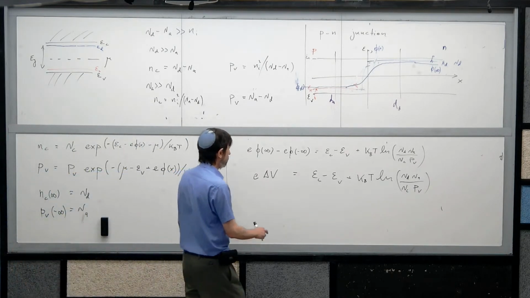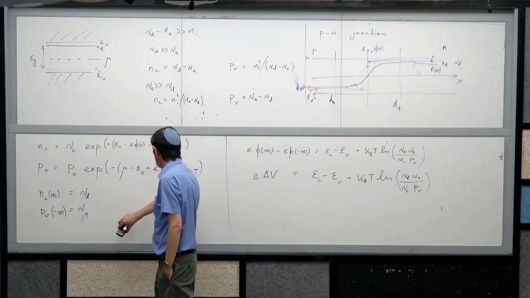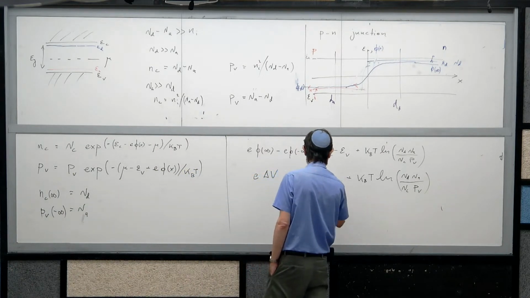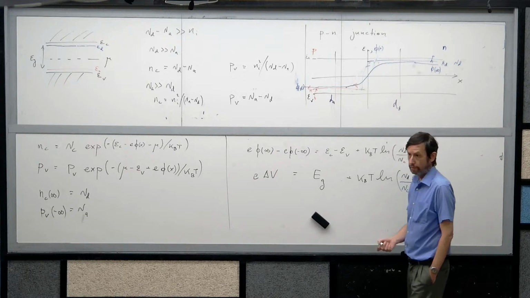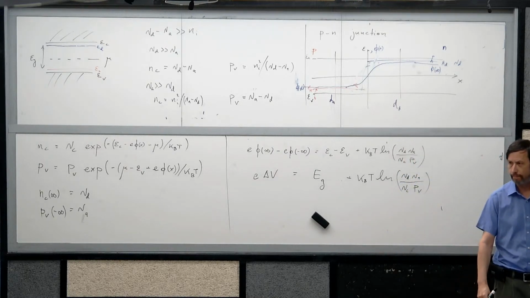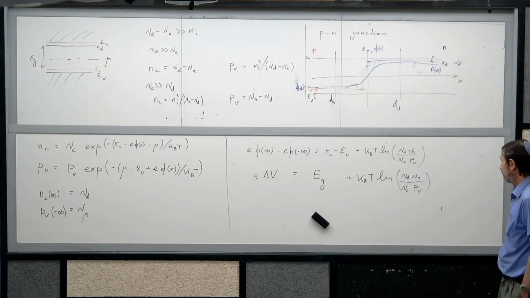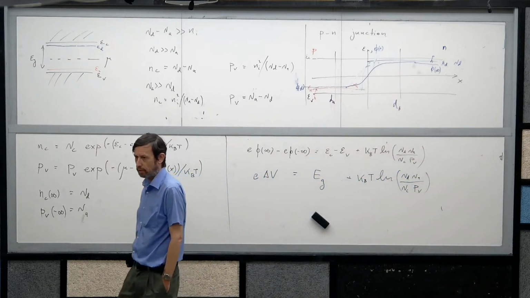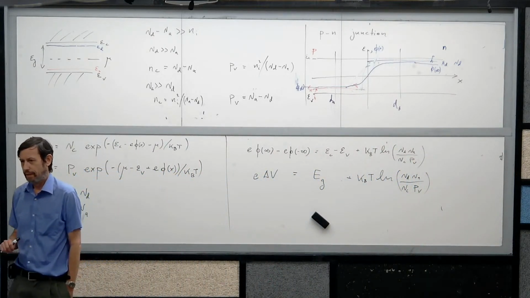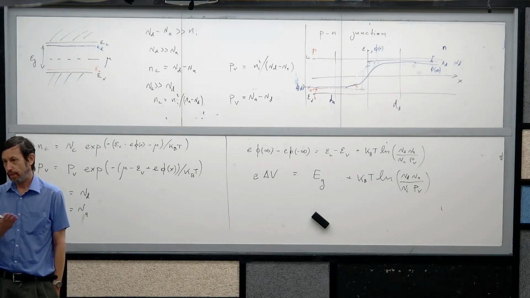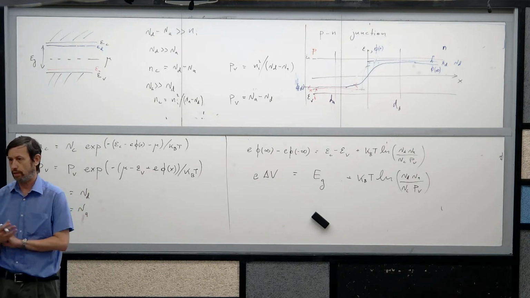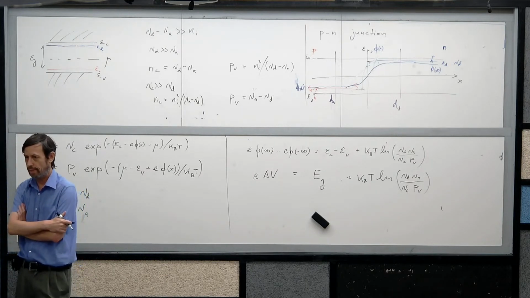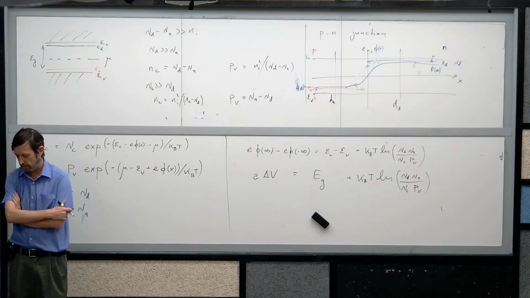And instead of writing it in this way, E_C minus E_V is just the gap. So tell me the gap, tell me the number of acceptors and donors, and tell me the properties of the clean semiconductor, and I can tell you what is the potential difference between both ends of the system.